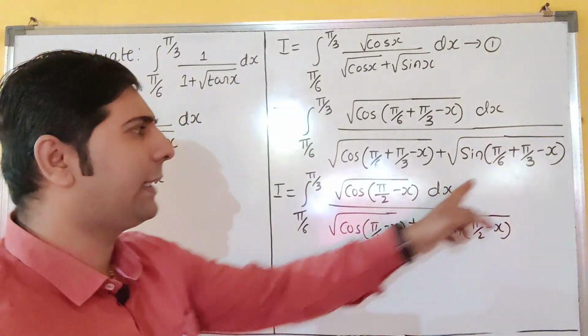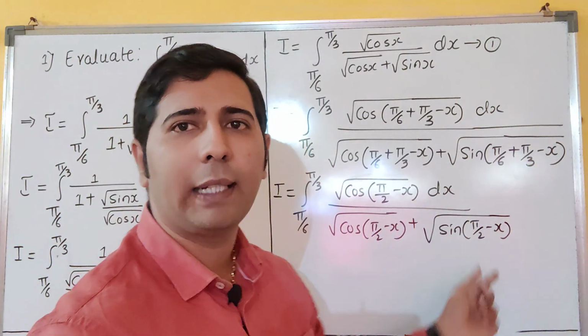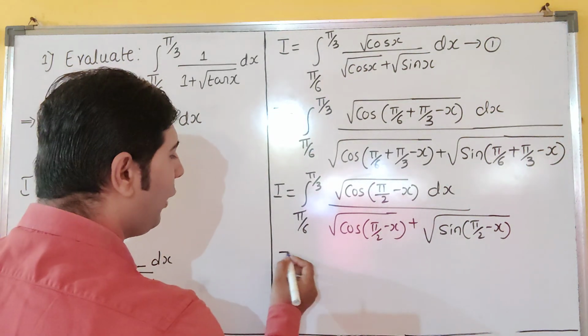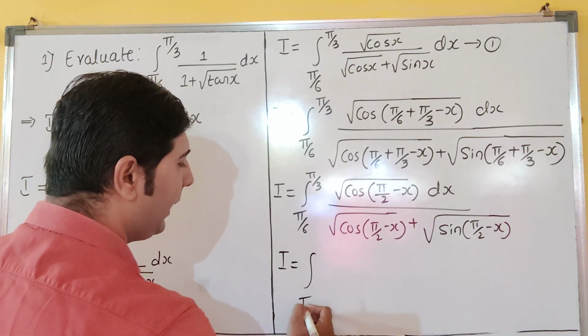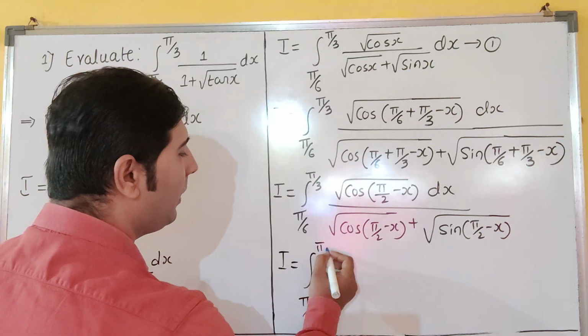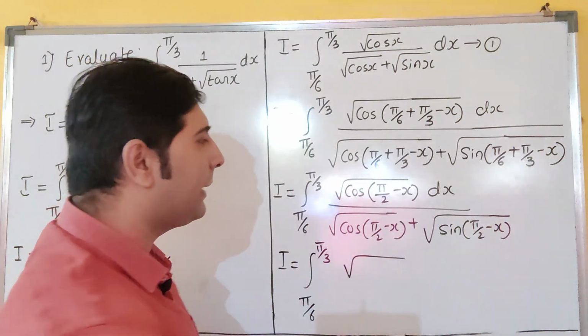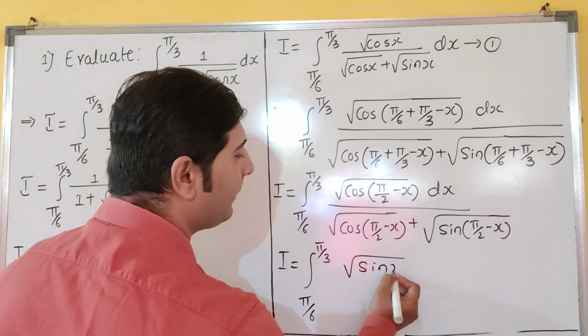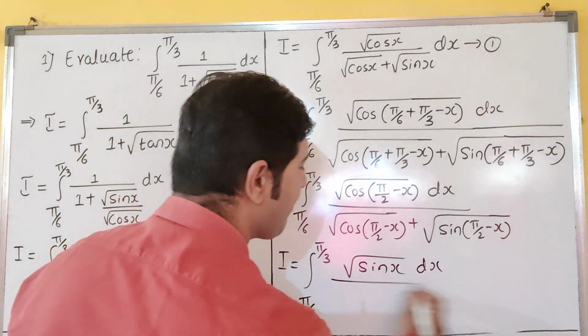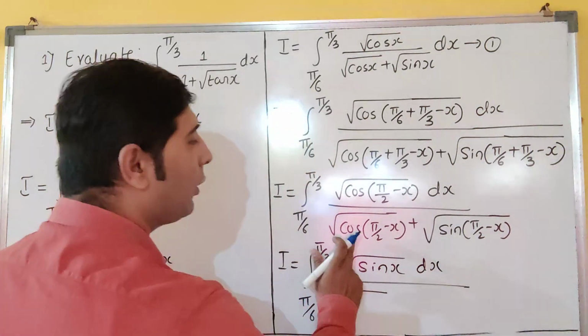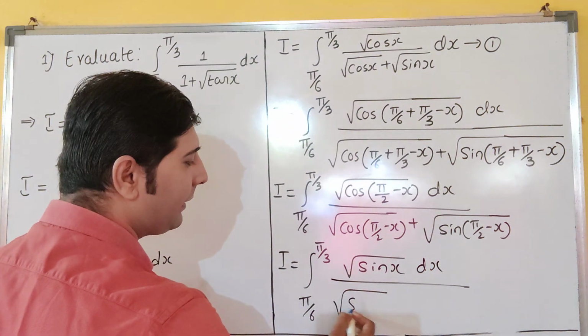I can write pi by 6 plus pi by 3 as pi by 2. Don't get confused. So now see what answer you will get. Integration from pi by 6 to pi by 3 of root cos of 90 minus x into dx, whole divided by root cos 90 minus x plus root sin 90 minus x.